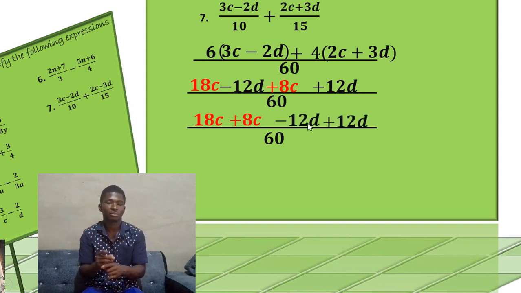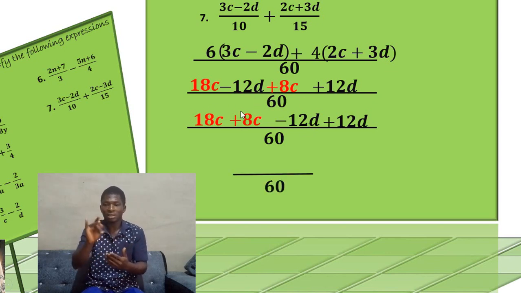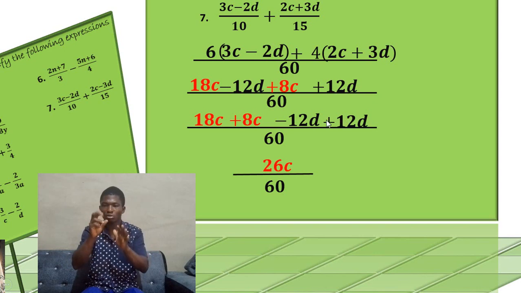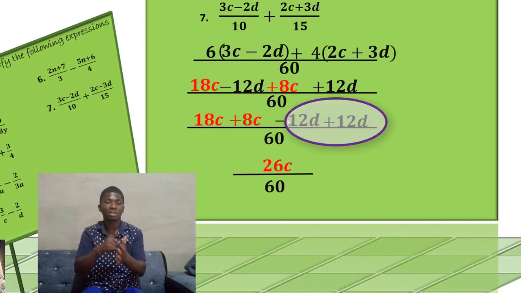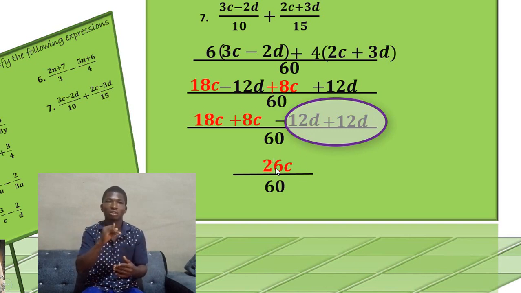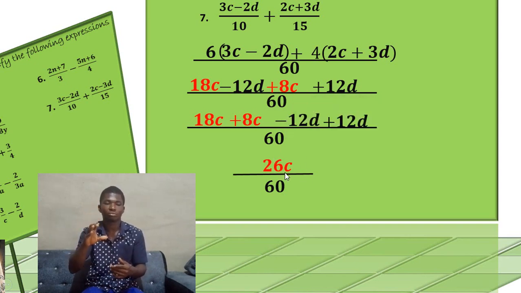So what's our answer? Let's simplify 18c plus 8c, that's 26c. Then minus 12d plus 12d becomes 0, so we don't need to bother ourselves with this. So here is 26c over 60.